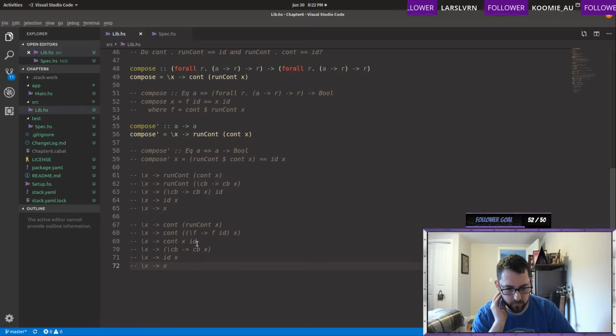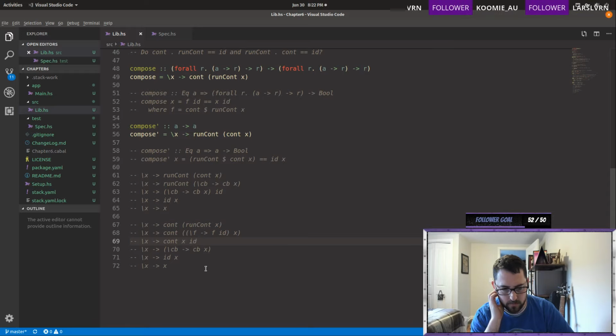This step is a little strange to me for whatever reason. Is this step right? I feel like it's right. But I'm apparently not very good at this. Because I'm just sticking X in for this F. Right?